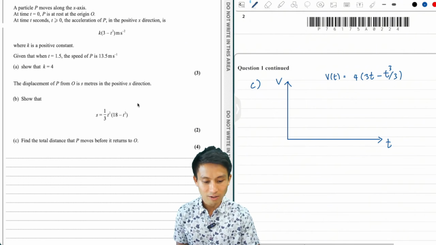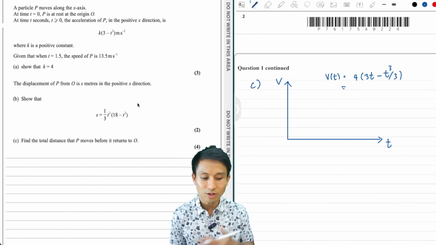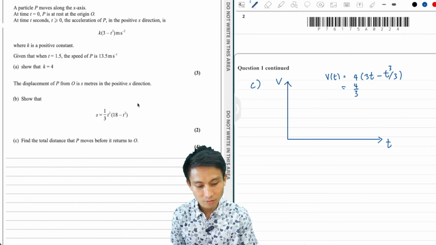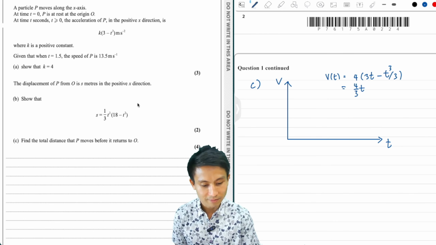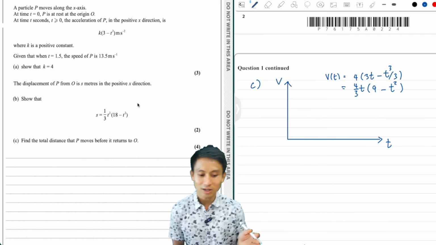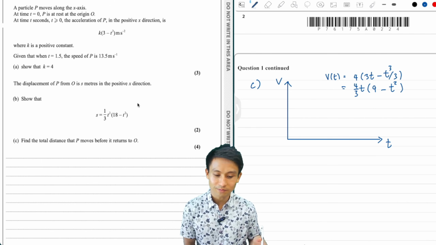Well, how about I take, just like I did before, 1 over 3 out as well. So 4 over 3, and also one of the t's there. So I get 9 here for the first term, and the other term will just be t squared. If you try to expand back in, you're going to get the original form there. Okay?